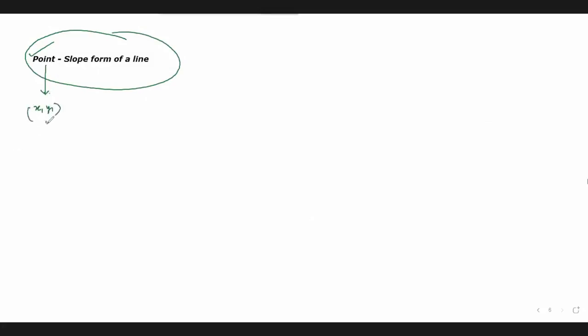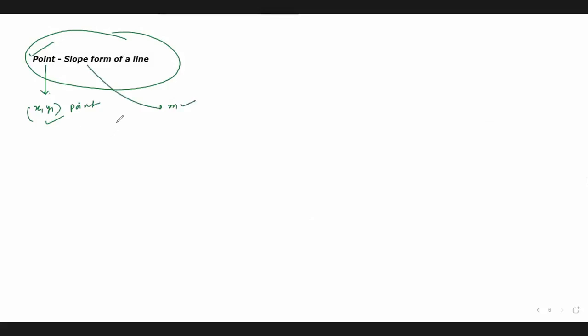The second topic, that is a form of a straight line we are putting here, is the point slope form of a line. So what is the point slope form of a line? As you are seeing, this name is representing a point. So let us take one point, that is (x1, y1), and I am taking a slope, that is m.